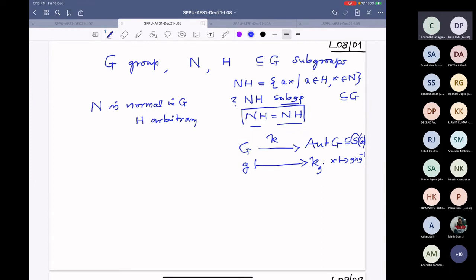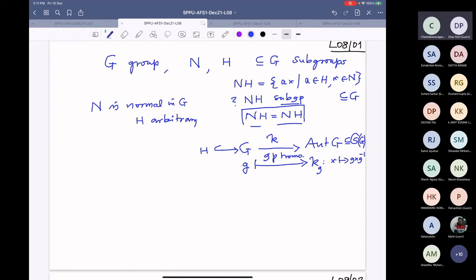Now this kappa is a group homomorphism. So if I restrict it to H, so H sits inside G, therefore I have a group homomorphism from H to automorphisms of G. Doesn't that mean that H operates on G by automorphisms?